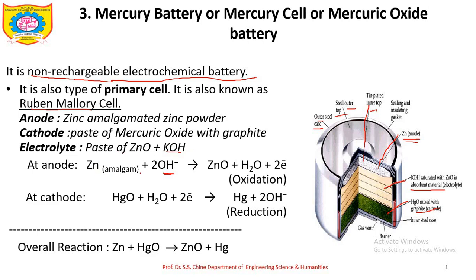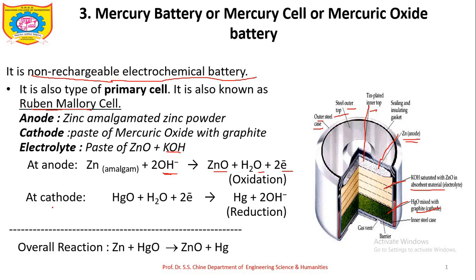So zinc reacts with OH minus, forming zinc oxide plus H2O plus 2 electrons. How does this reaction occur? Firstly, zinc undergoes oxidation. It gives 2 electrons and becomes Zn2+, which combines with oxygen to form zinc oxide and a water molecule.